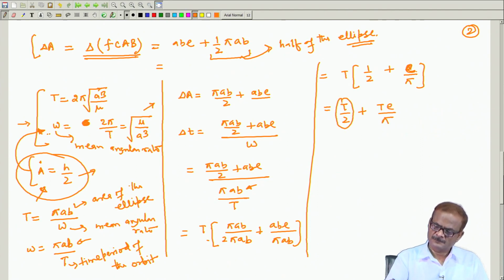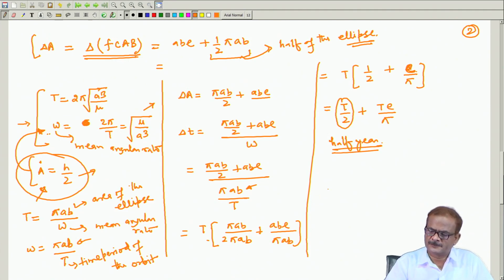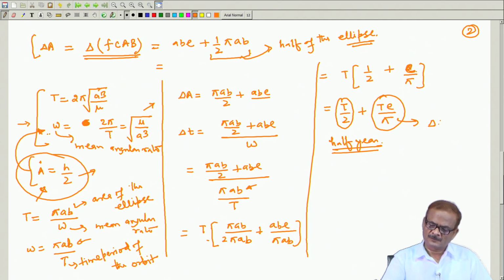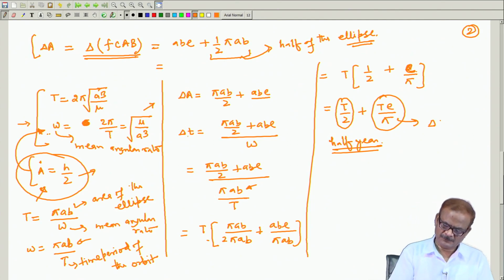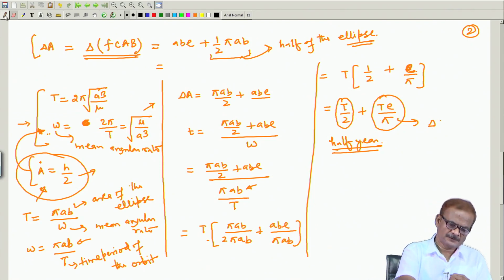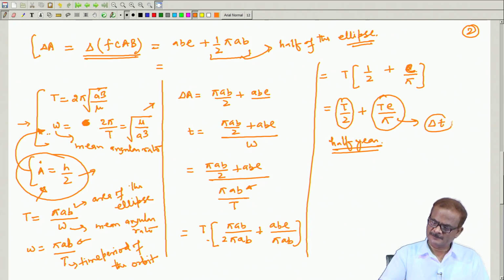So this is your half year, t by 2, where t is the total period of the orbit. Then what will this quantity be? We have to just insert the value. So this is your extra delta t, the time taken. Here instead of writing delta t, let us write this as t. So where this quantity appears, this is the extra time delta t.